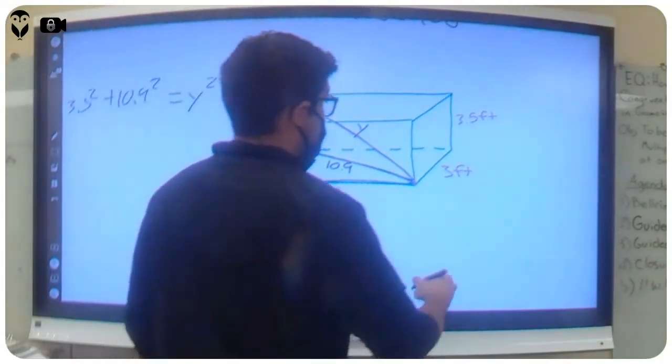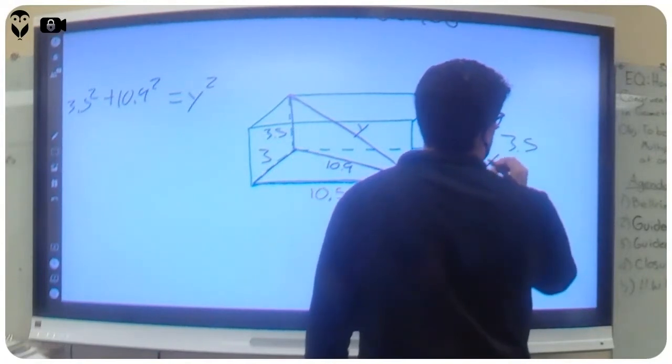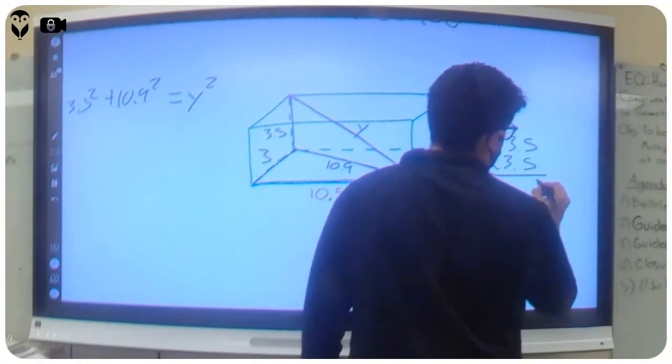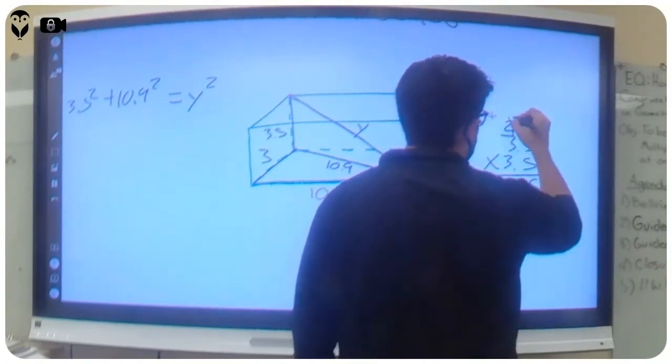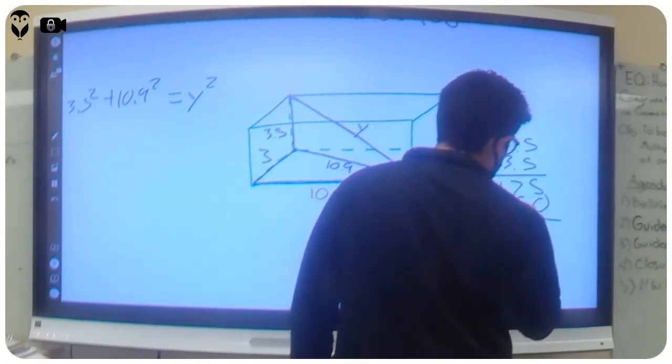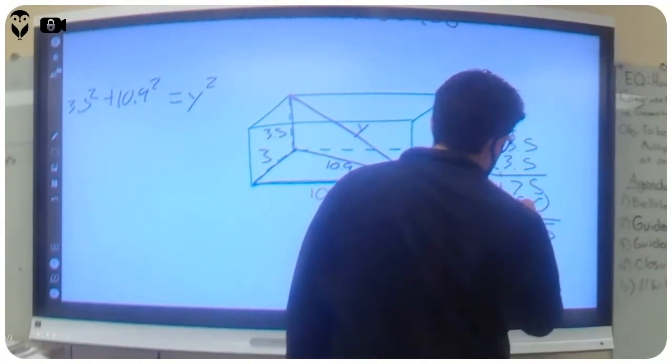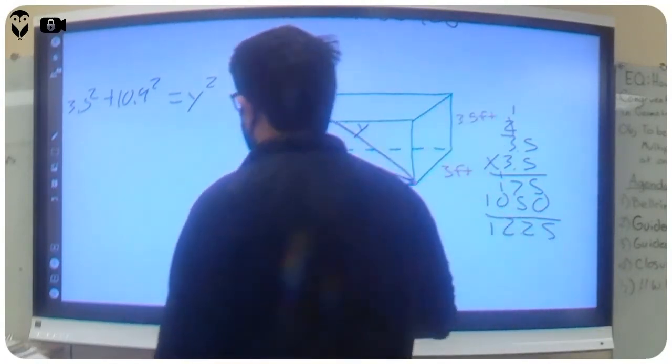So 3.5 times 3.5 is going to equal 12.25.